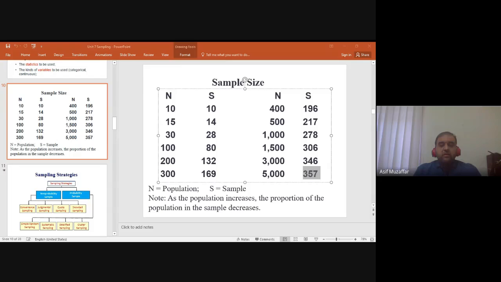I'm asking, you have taken the sample of 400, let's say 400 is more than 357 in this case, from young doctors, from cities.